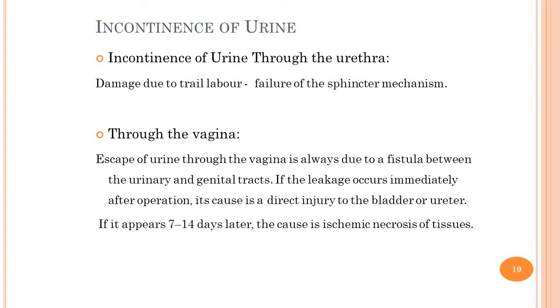If it is seen immediately after the surgery, after the removal of the catheter, then you must suspect bladder injury. If the leakage appears after about 1 or 2 weeks, then it is mainly due to an injury that leads to necrosis and then sloughing of the necrosed area, and then fistula formation.